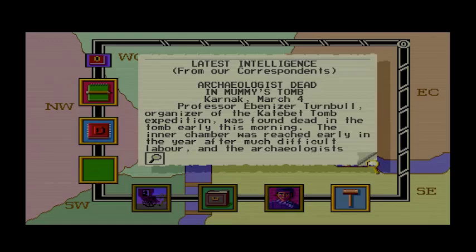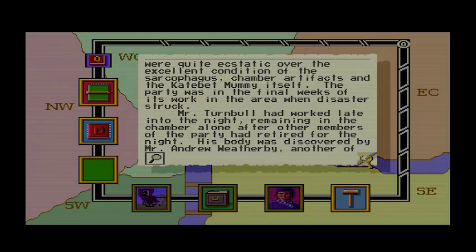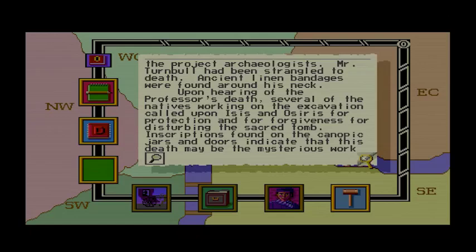The inner chamber was reached early in the year after much difficult labor, and the archaeologists were quite ecstatic over the excellent condition of the sarcophagus, chamber, artifacts, and the Catibet mummy itself.